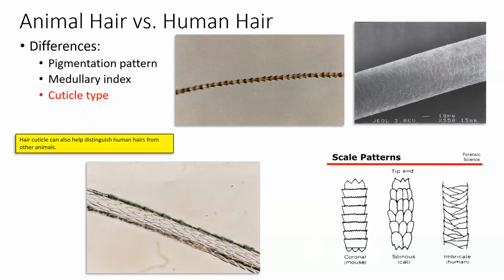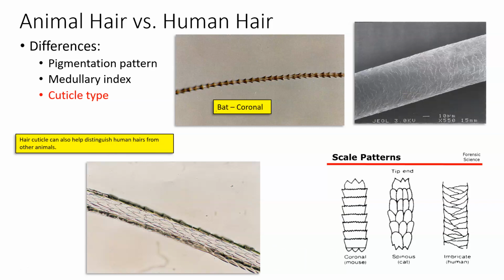But in humans, we differ from animals. Animals have cuticles as well, but animal cuticles vary greatly in comparison to human cuticles. So hair cuticle can also help distinguish human hairs from other animals.